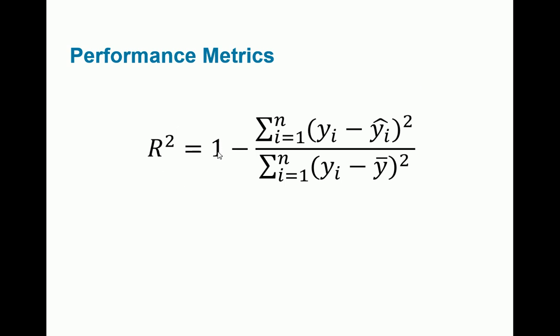So we have 1 minus the sum of yi, that is the actual y, or in this case salary, minus our prediction for that salary. The difference is squared and summed over all observations. And then we have yi, the actual salary, minus y bar. Y bar is the average.